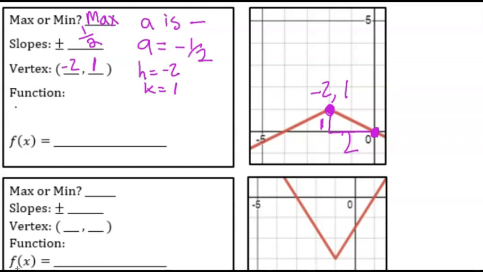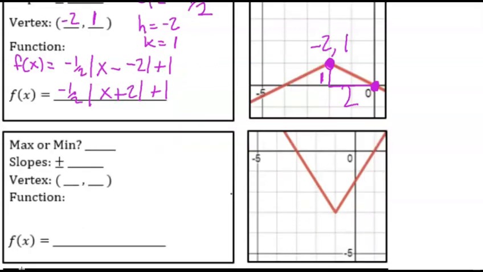So our function will be f of x equals -1/2 times the absolute value of x minus -2 plus 1. Simplify, the two negatives multiply together as a positive. So our final function is f of x equals -1/2 absolute value of x plus 2 plus 1.